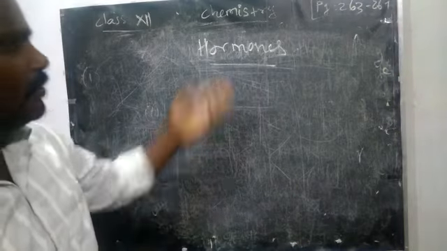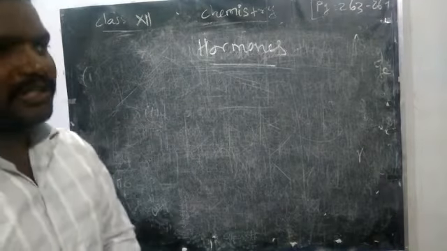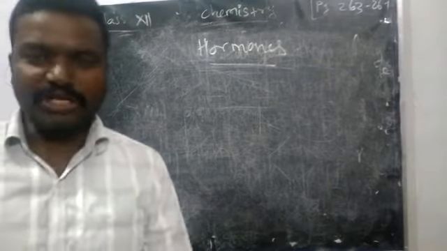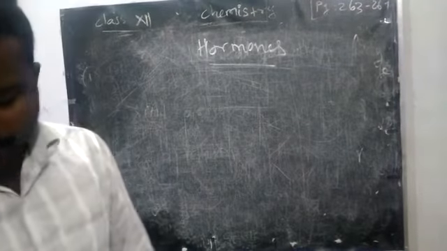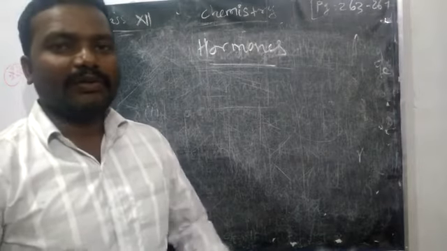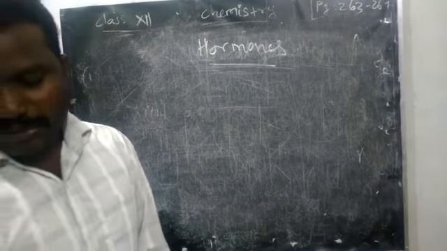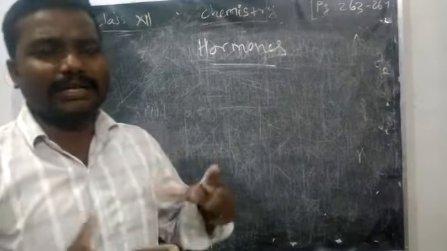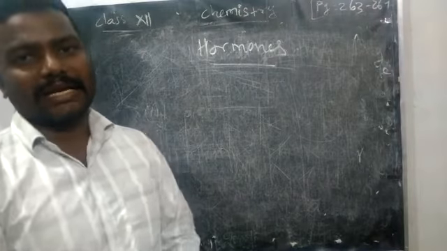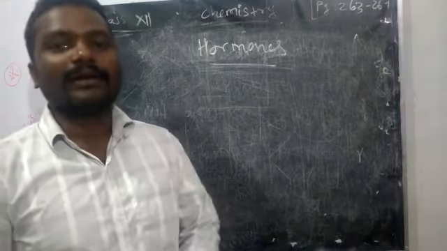They are used for many biological functions. What type of biological function? Digestion, blood pressure, blood volume, hunger, or eating behavior. All those things are induced by certain liquid segregated by certain glands.